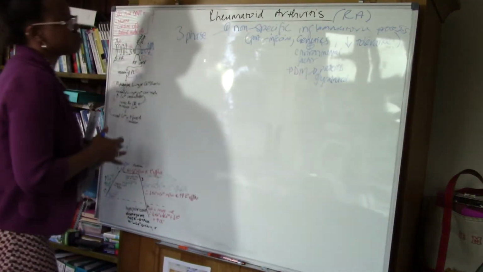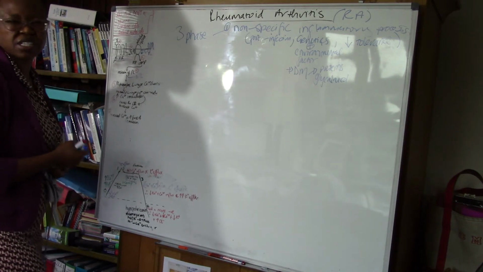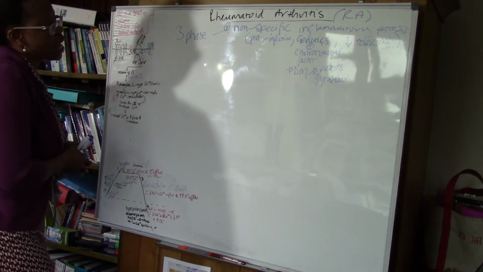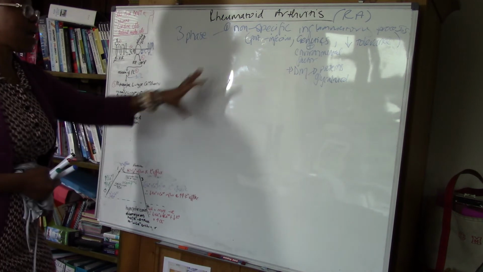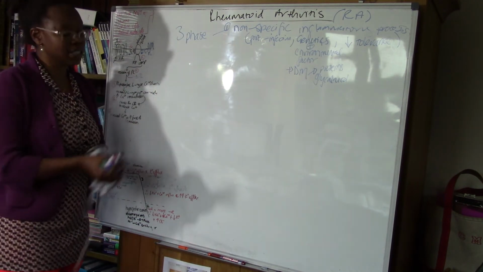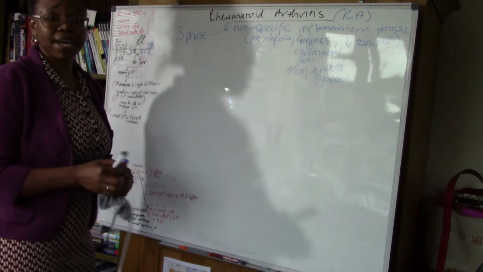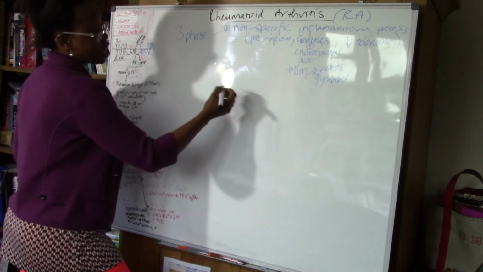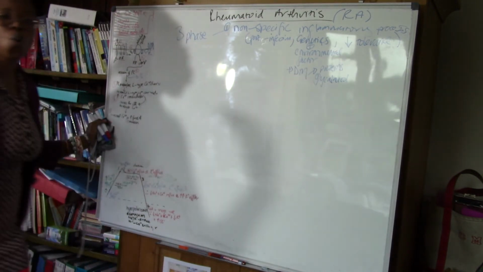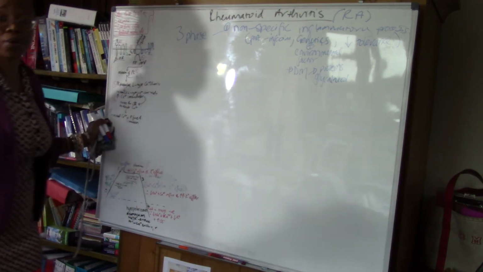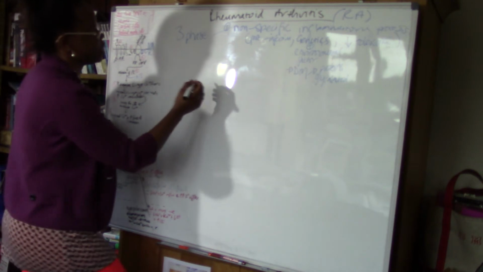So it's a non-specific trigger of inflammation, and what that non-specific trigger does is it then activates the resident macrophages, which then propagate the inflammatory process that we see in chronic inflammation.